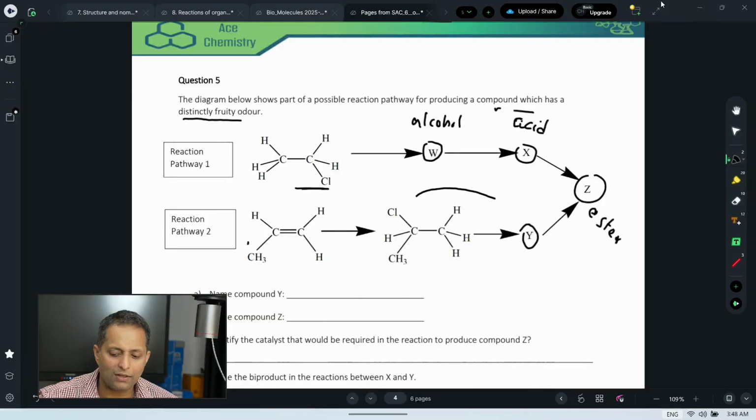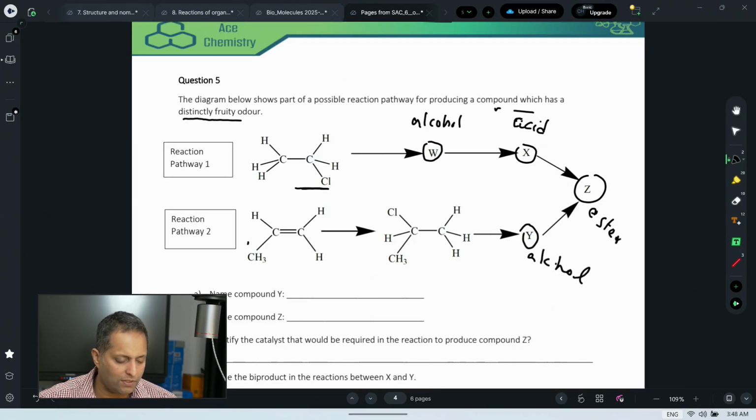We never learned a reaction where we could do that, because a chloroalkane undergoes only substitution reactions, right? But we learned how to convert a chloroalkane into an alcohol. So Y has to be an alcohol. That is how I know which one is which.